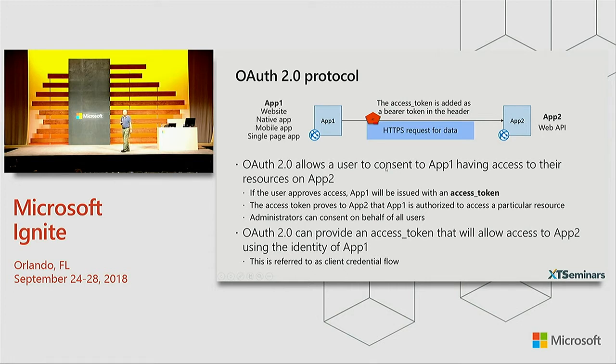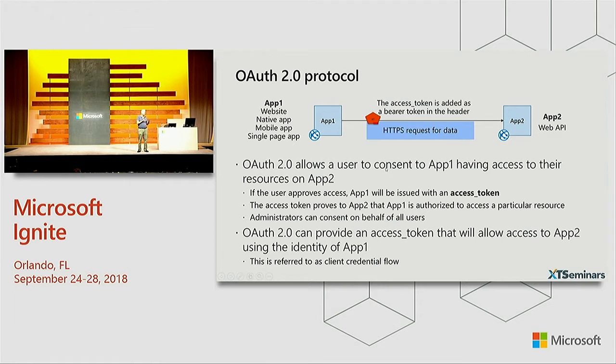If we look at App 1, and this is the beauty of OAuth2, it could be all sorts of different types of applications. So a mobile app, it could be a native app sitting on a desktop. It could be a single page application sitting in a browser, which is being run by JavaScript, all right? Or it could be a server sitting in your data center where the user connects with a browser, i.e. a website.